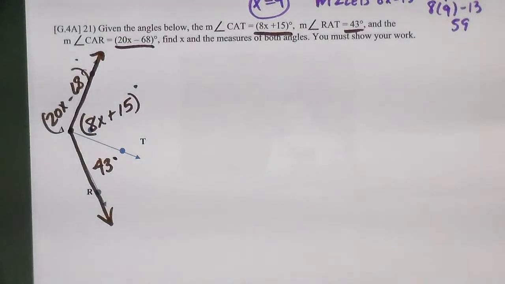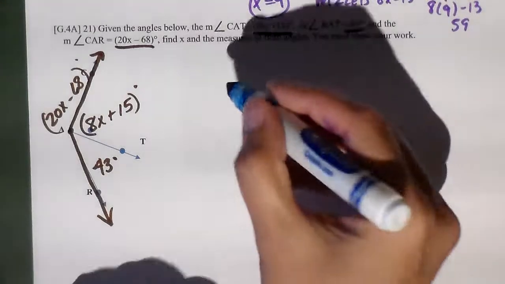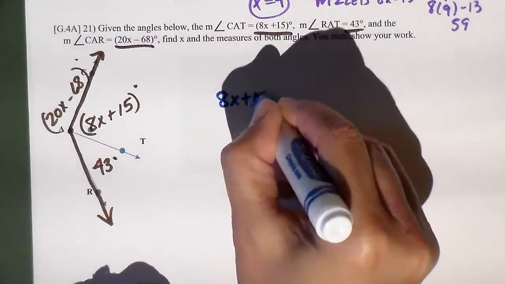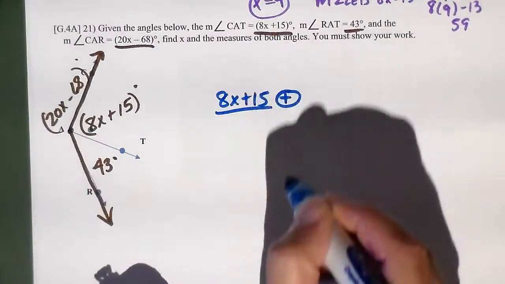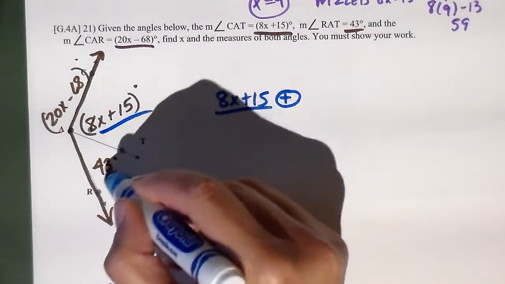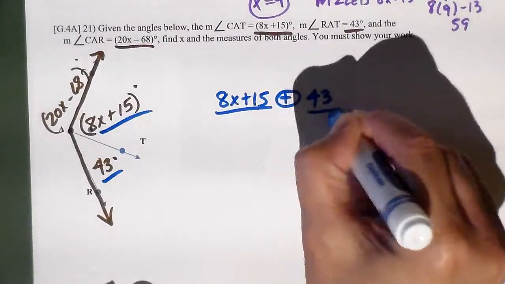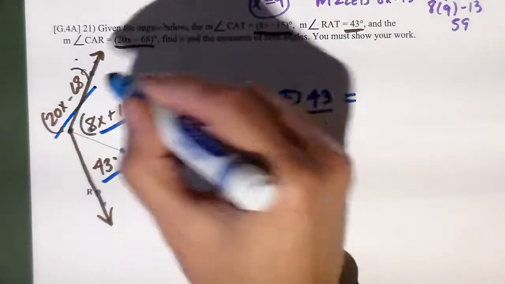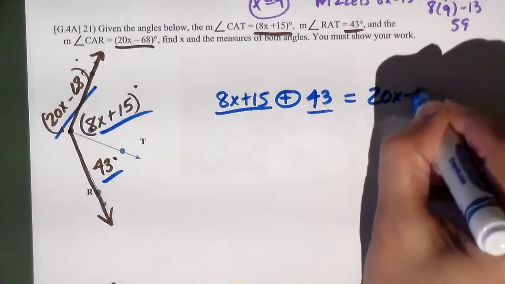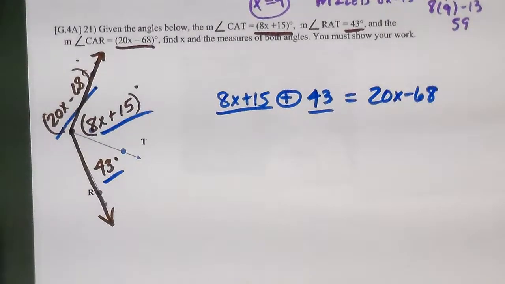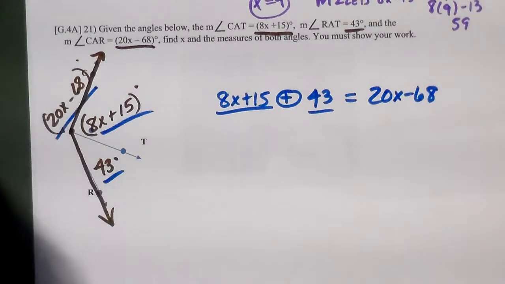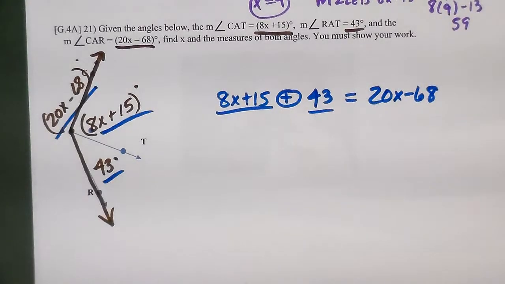So how would I set up an equation with these guys? Well, I know the two smaller ones summed together should equal the larger one, so I know CAT plus RAT is going to equal CAR, 20x minus 68. And some of you got to this point, but then your algebra got a little bit scary, like Halloween costume scary.